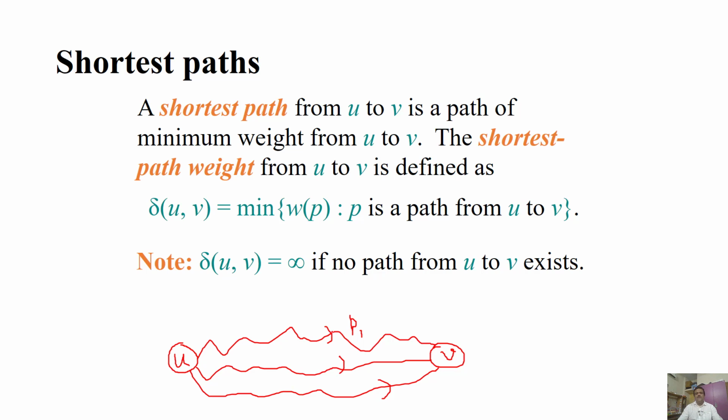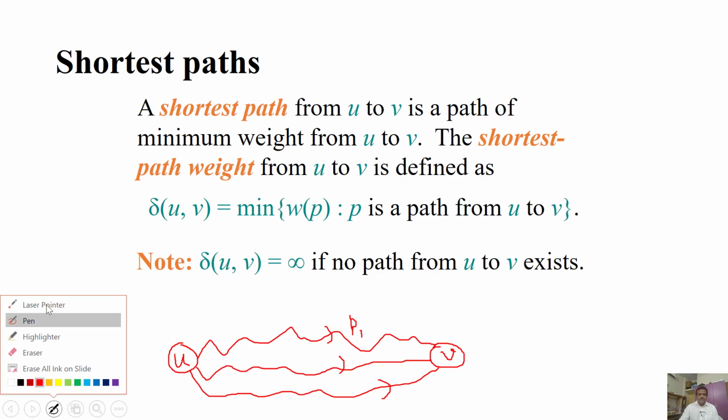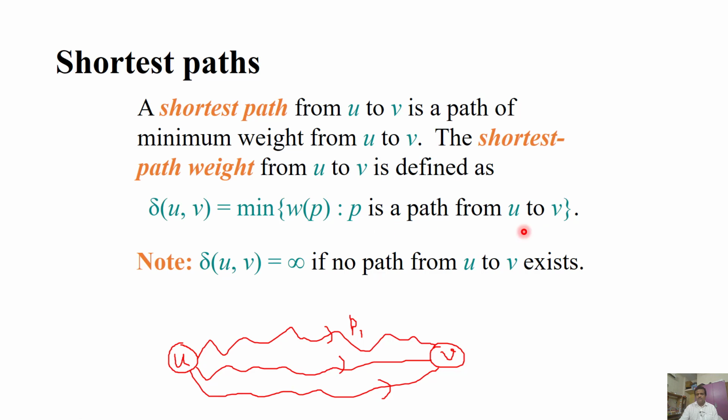Now, we can calculate the weight of each path: weight of p1, weight of p2, weight of p3, like this. Basically we are looking for the path which has the least weight among all the paths from u to v. That is the shortest path weight from u to v, which we denote by delta(u, v).